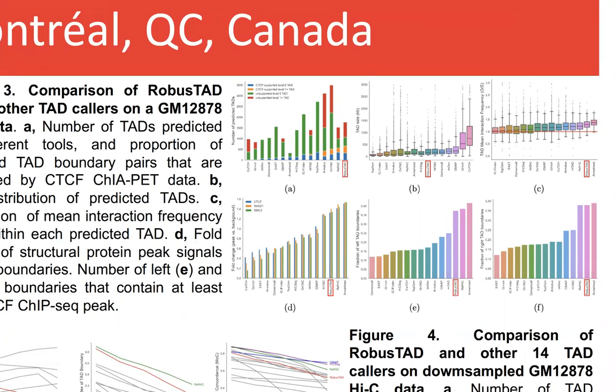Here we use different indirect ways to evaluate TAD callers' accuracy, for example, the correlation with CTCF binding sites and the interaction frequency within TAD. Although RobusTAD is not the best tool in most settings, taking all evaluations together, we can still conclude that RobusTAD is the best tool because it is always among the top 3 callers.